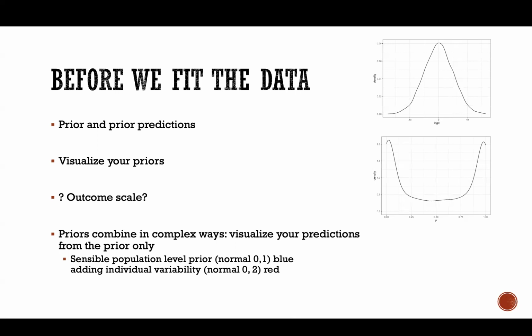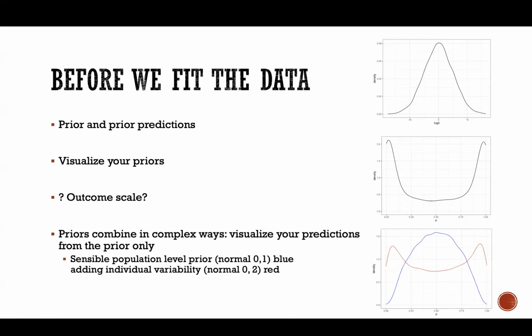So we add a broad prior for the parameter of individual variability, the standard deviation around that population mean. And so we're going to visualize in blue the population prior, and in red the combined prior for individuals that stems from this mean and this standard deviation.